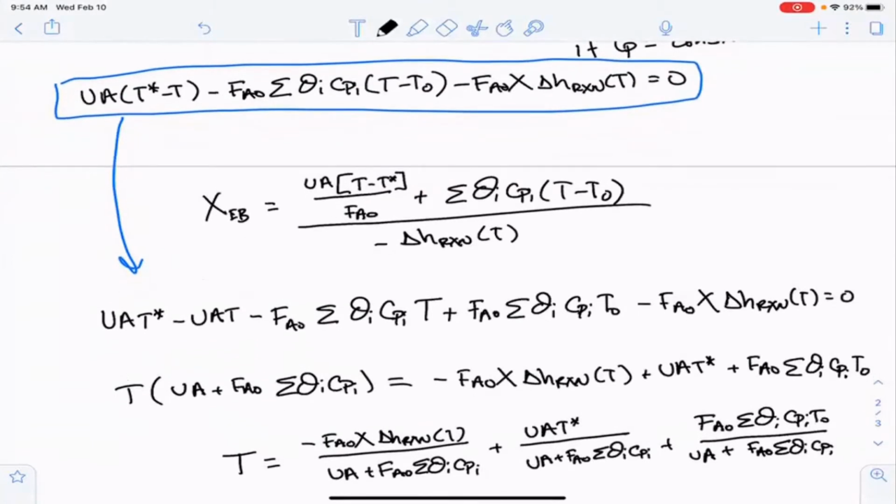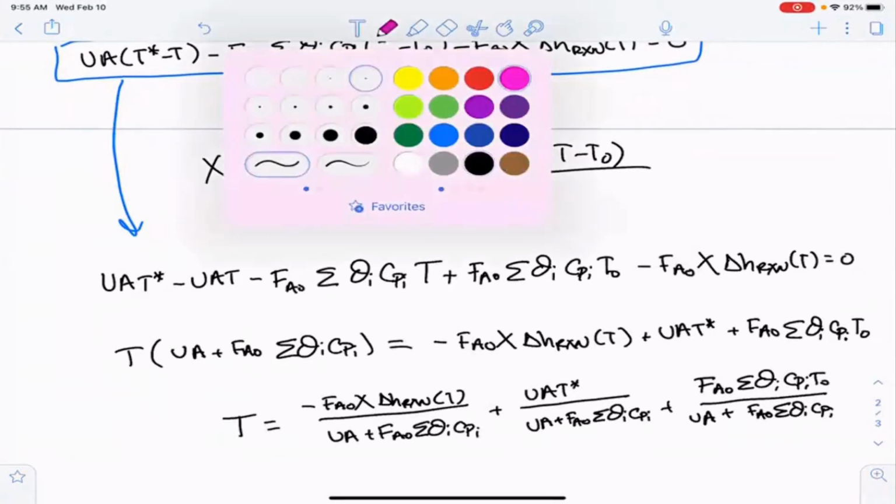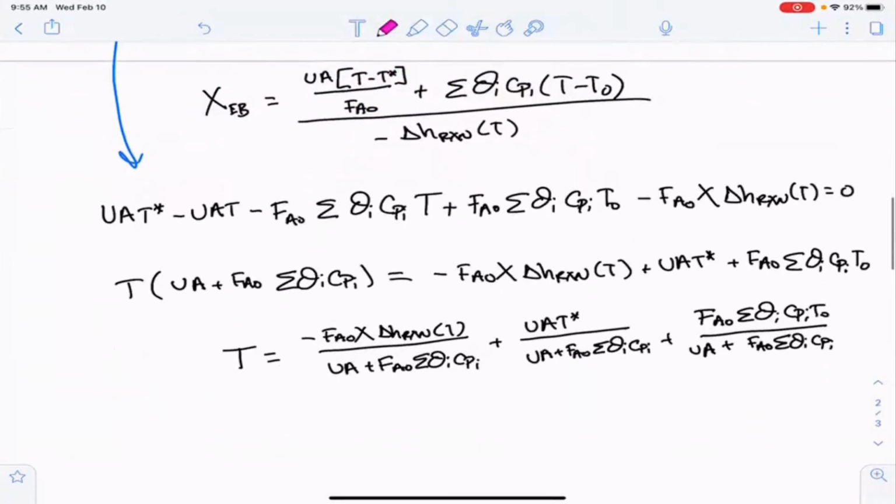I like setting equations equal to 0 and solving things that are linear and look very straightforward. Now, if you prefer this one or even this one, that's fine. When I do a bunch of math and I'm not certain whether it's right, I try to think of a test where I can figure out if I'm right. The one I came up with here was that this expression we derived should break down to our original expression when there's no heat transfer.